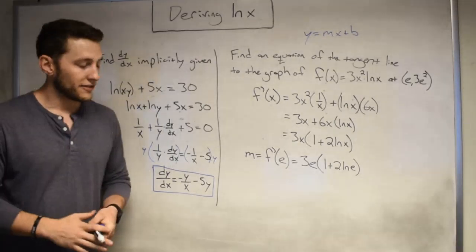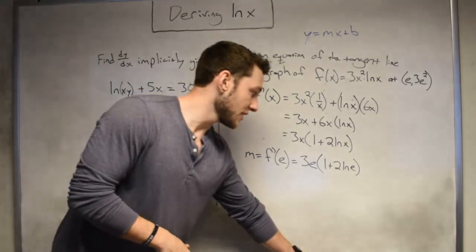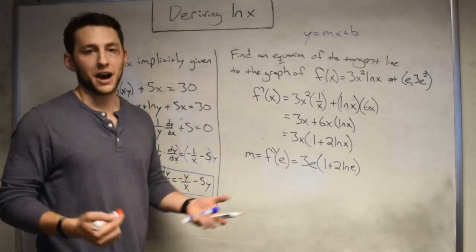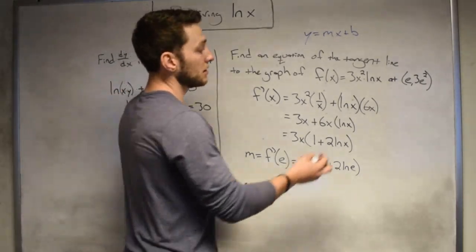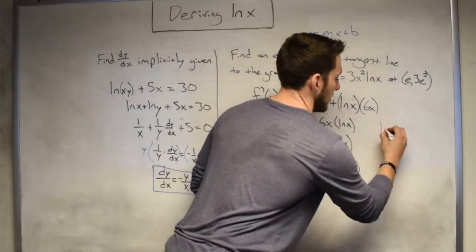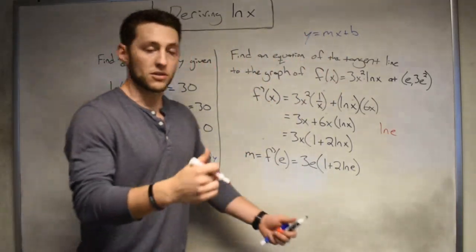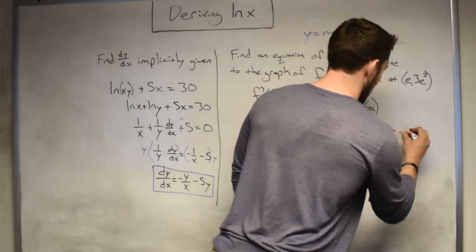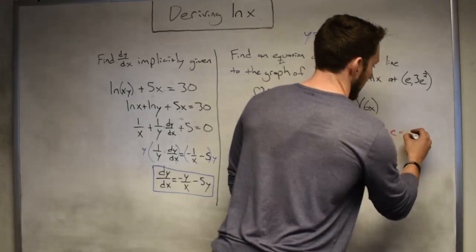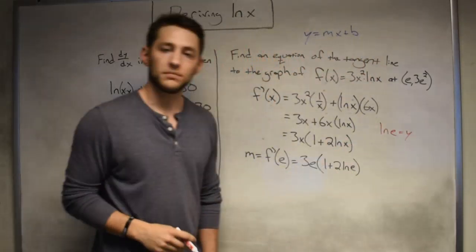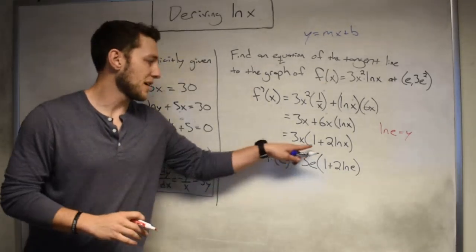Now the natural log of e, one way we could try to figure out what that is, well, first off, if you have a calculator, just punch it in. We could actually do a little bit of this. Say you don't know what the natural log of e is. Let's go ahead and call it y here. The only reason I'm using y is because we have x in the problem.